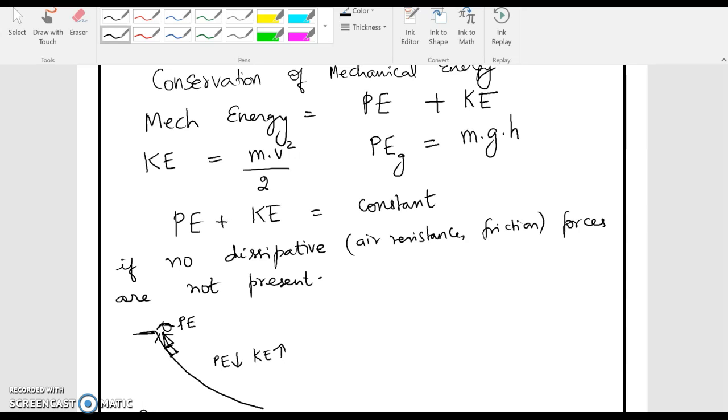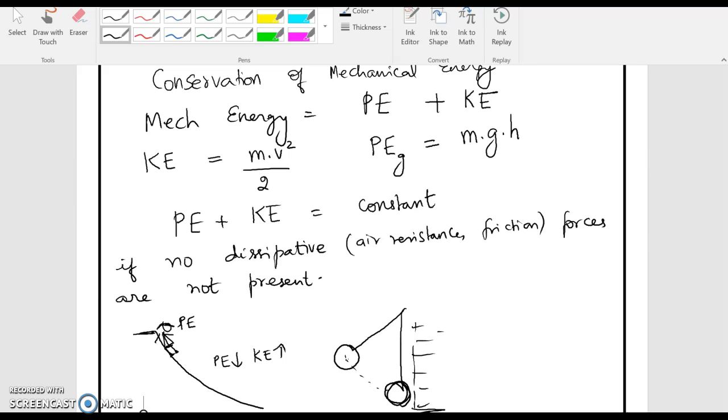Another example would be a wrecking ball. As it is raised and dropped and it moves to this position, say it's hitting something.